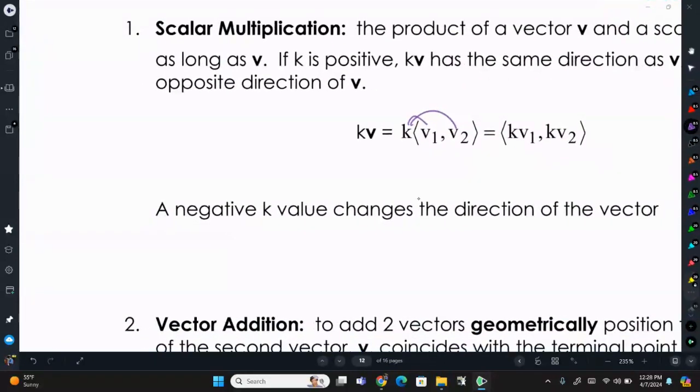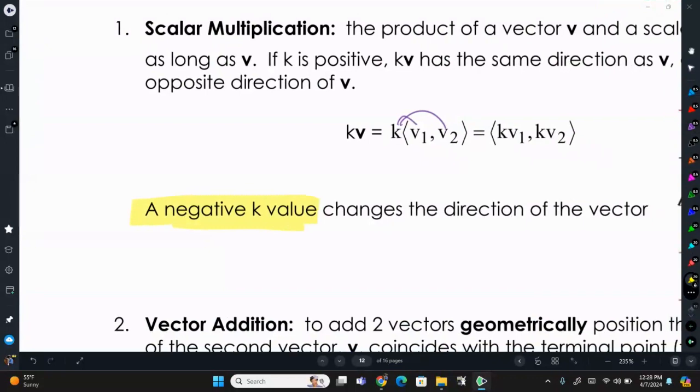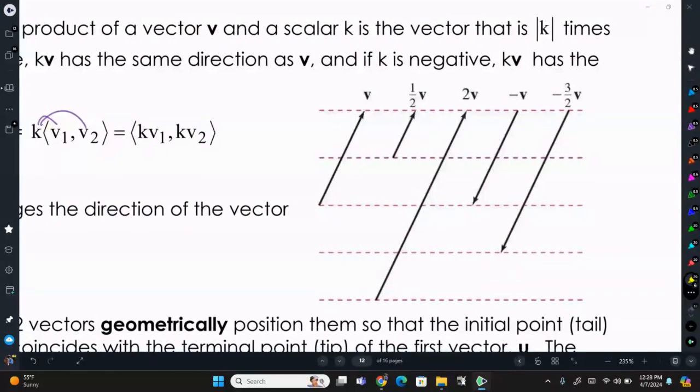Unless you are having a negative k value, it changes the direction of the vector. So if we look at this drawing here, okay, if our vector is that right there, well, 1/2 v would be the same direction, but it would be half the length. 2 times v would be the same direction, but then the vector would be twice as long.